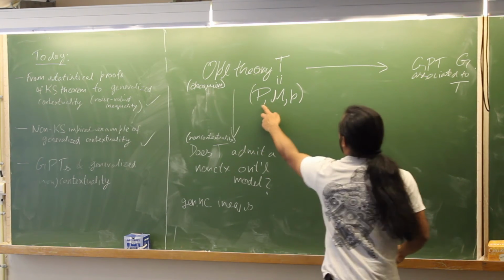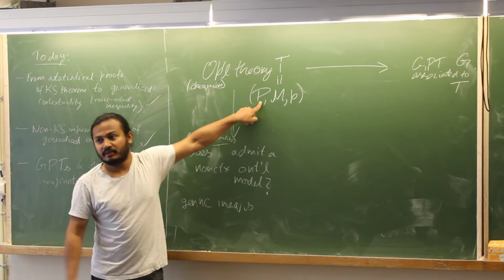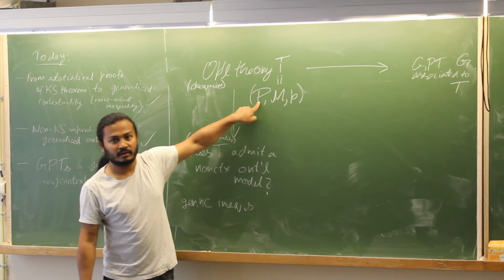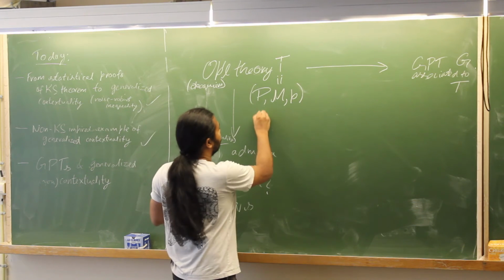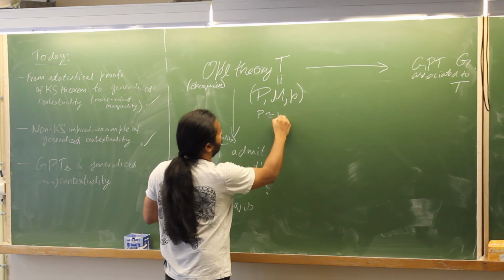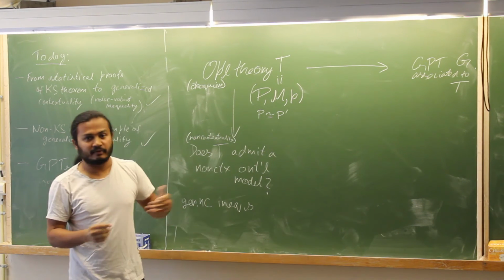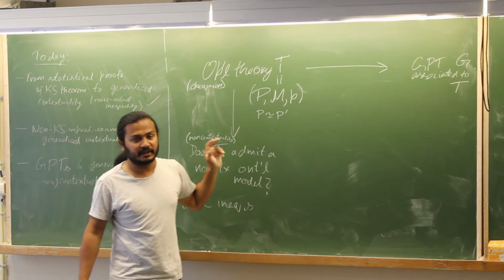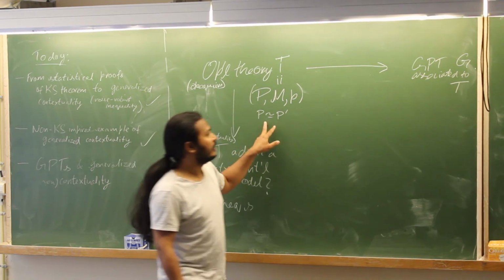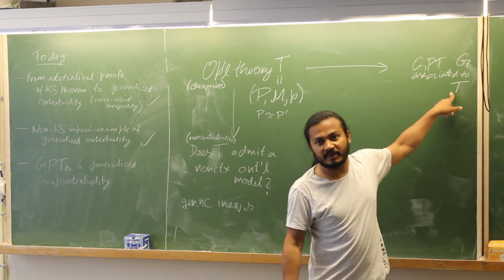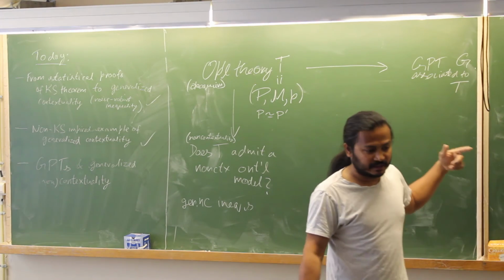Now what we want to do is basically quotient this operational theory with respect to statistical equivalence, right? Whenever two preparations are operationally equivalent, which means they give you the same probabilities with respect to all effects, then I want to quotient this difference. I want to basically treat them as identical in my GPT. Okay, that's what happens in the GPT.